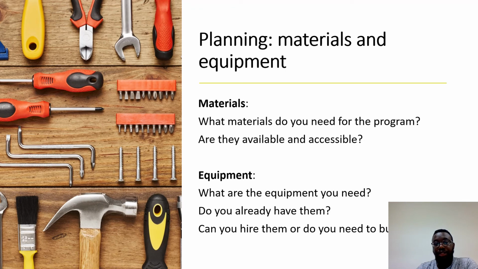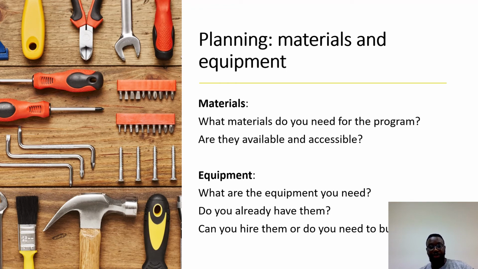Still on the planning, you think about the materials and the equipment that you need. Okay, so while thinking about the materials that you need, you ask yourself, what materials do you need for the program? Now, the materials you will need for the program will be linked back to the oral health problem of priority, how you've set your priority.